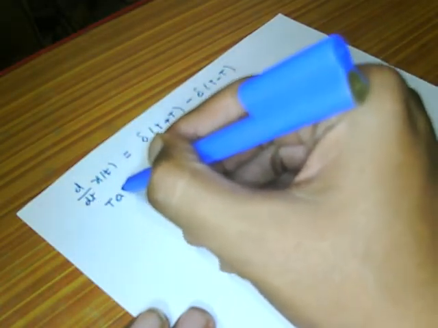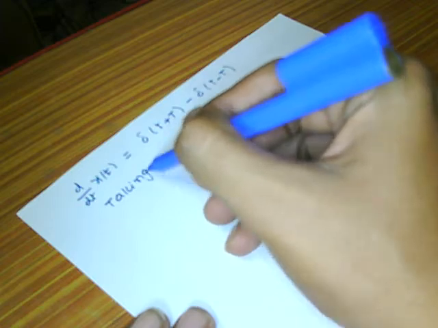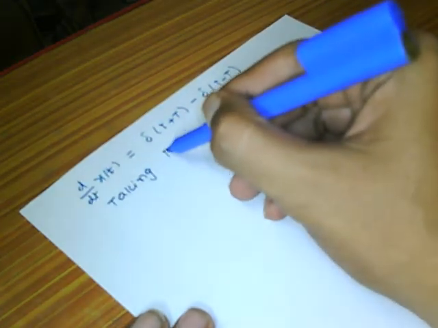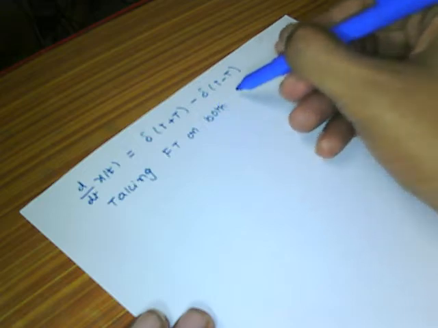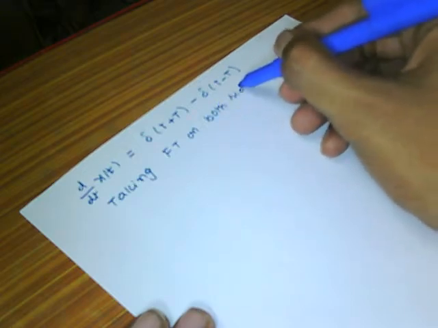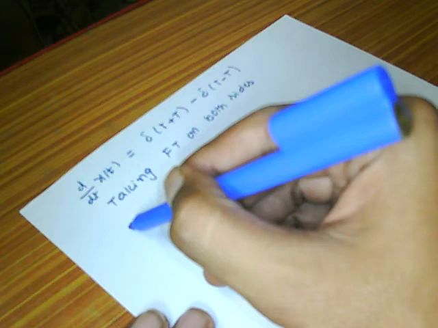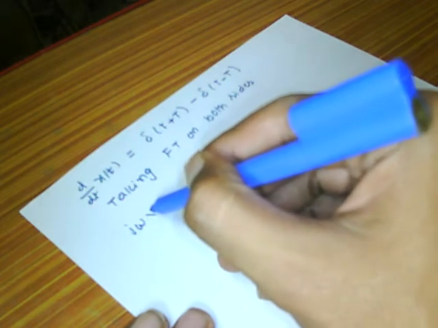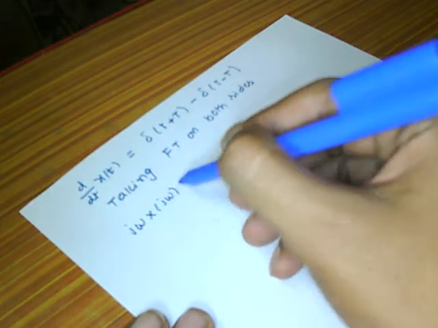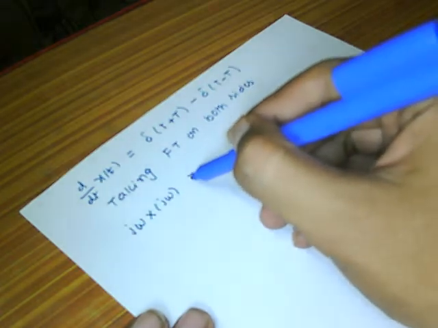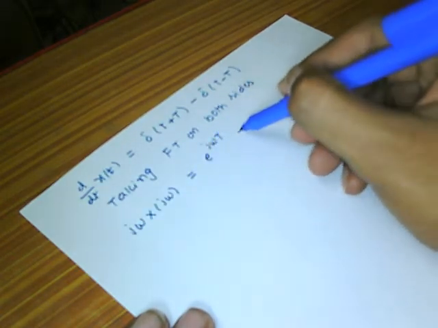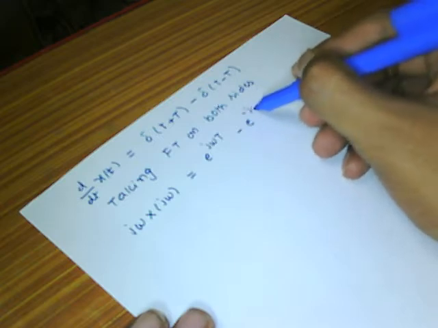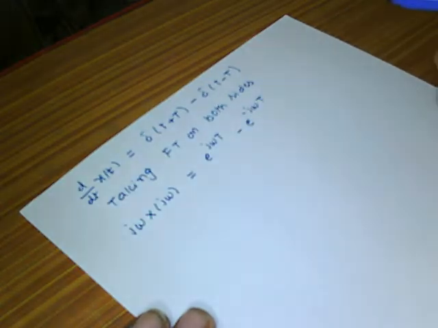Taking the Fourier transform on both sides, what do we get? I get j omega into X of j omega will be equal to e power j omega T minus e power minus j omega T as the Fourier transform.